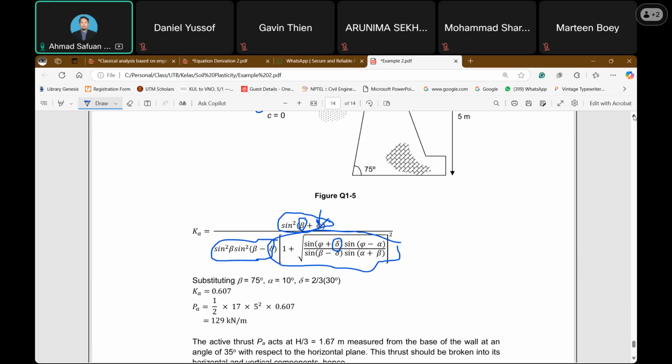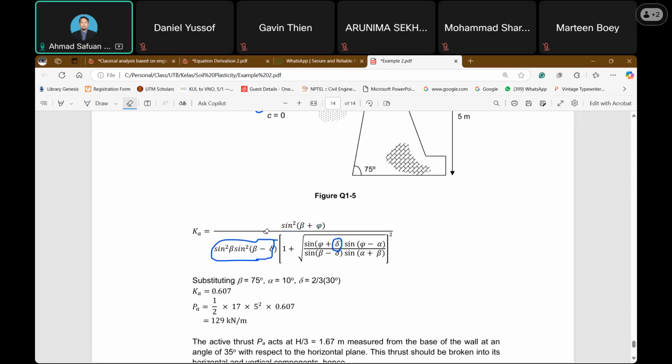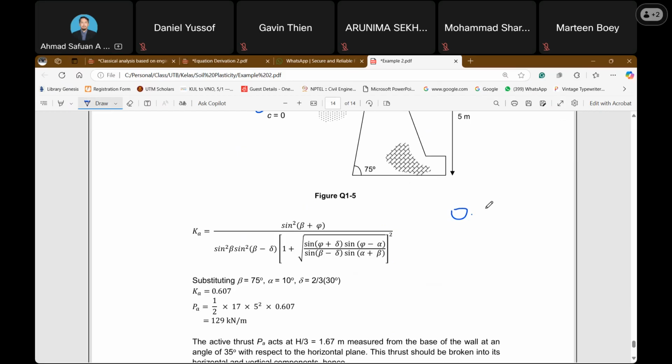Okay, so beta of 75. So it's 75 plus 10, plus 30, hundreds. Okay, see. So 0.93.